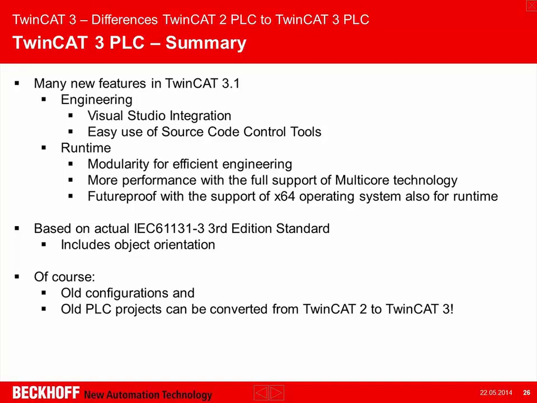We talked about this very shortly, but it also includes a lot of other definitions and standards. And of course, it's possible to reuse old configurations, so the TSM file can be converted very easily, but it's also possible to convert PLC projects from TwinCAT 2 to TwinCAT 3.